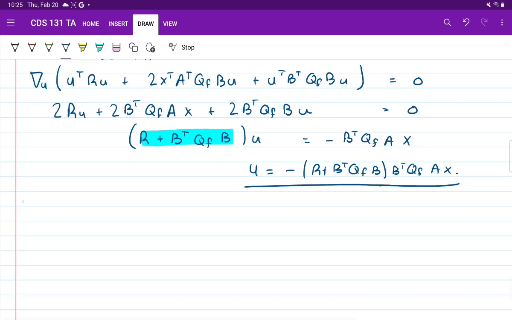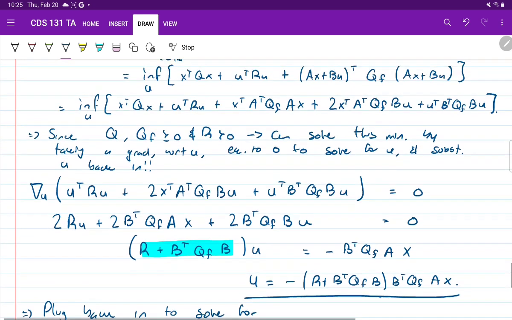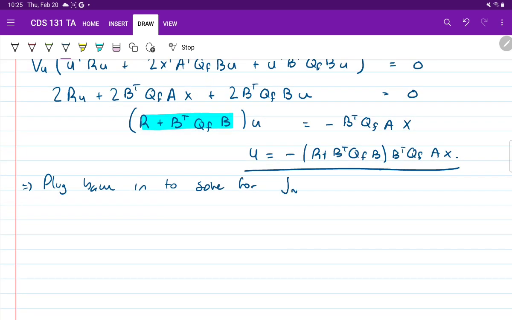So what I'll do now is I'll go ahead and plug back in to solve for my value J n minus 1 of x, okay? So I now have my optimal control, which solved this minimization. I want to plug it back in to figure out what J n minus 1 actually is.